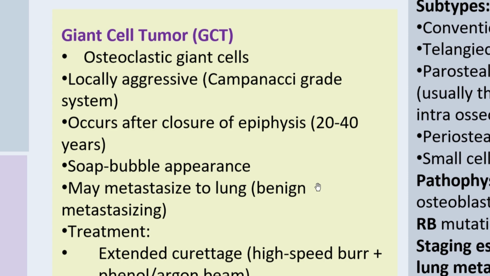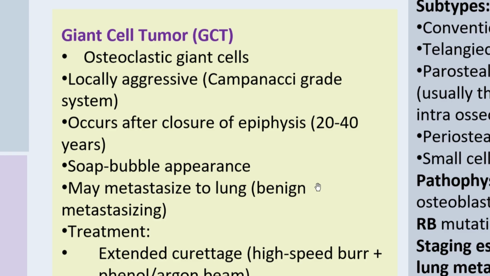And for it to occur, we have to have a closed epiphysis. So think about 20 to 40 years, after someone has closed the epiphysis, we have this tumor occurring in the epiphysis. So the growth plate has closed, and the giant cell tumor now sweeps in.